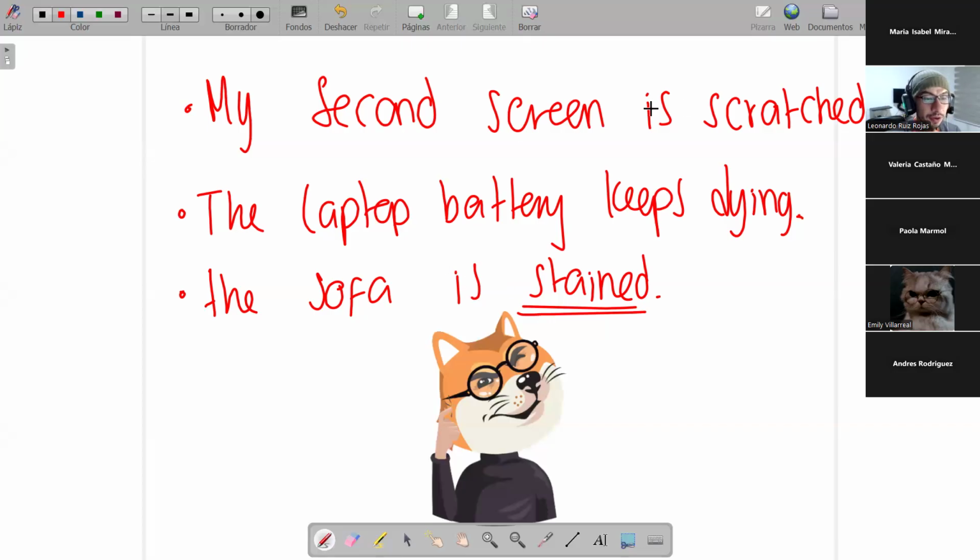Very good. So those problems, as you can see, they can be repetitive or they cannot. It depends on the object and on the problem that it's presenting. For example, in Andres' case, the problem is repetitive because every time he uses the remote, the button presents the same problem. Different from that, in Valeria's or Emily's case, the damage is done and there is nothing to change it.